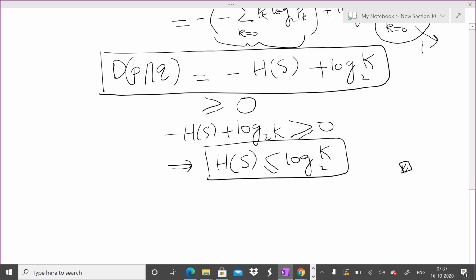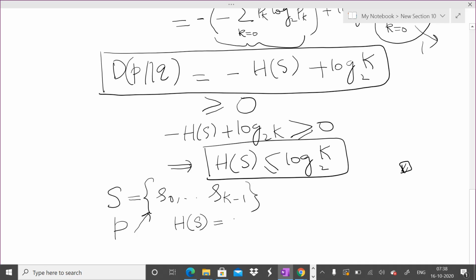Now let's interpret a little bit what it means. It says that suppose you have a random source S, which can take on any of these values, and you can define any probability distribution over the source. Corresponding to any probability distribution, this source will have some entropy.